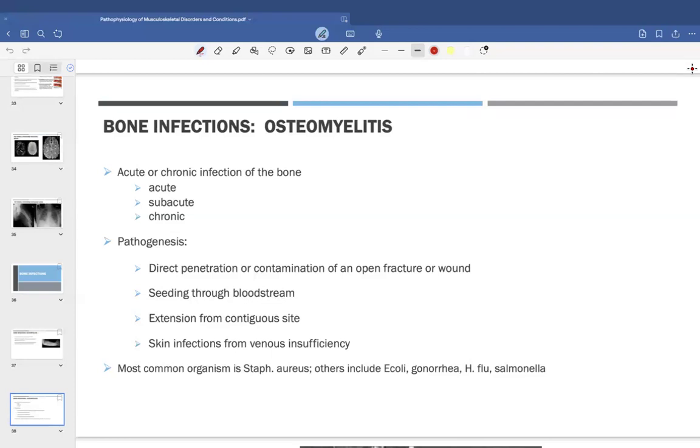So bladder is common, or the GU tract in general, the GI tract, even the upper respiratory tract can be sources of organisms. So you think about your normal pathogens and even colonizers that are in these areas.